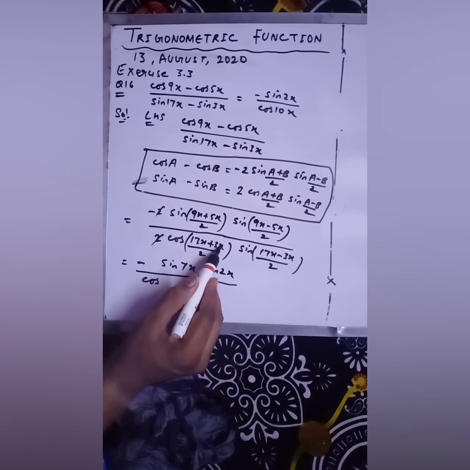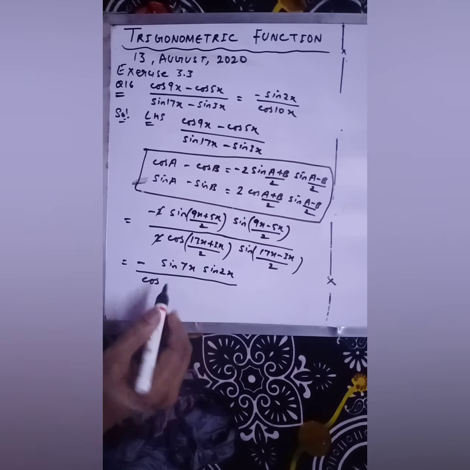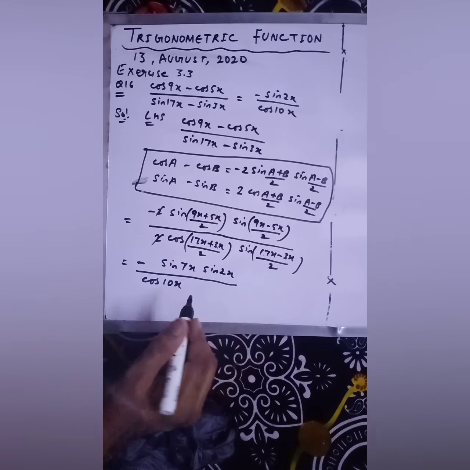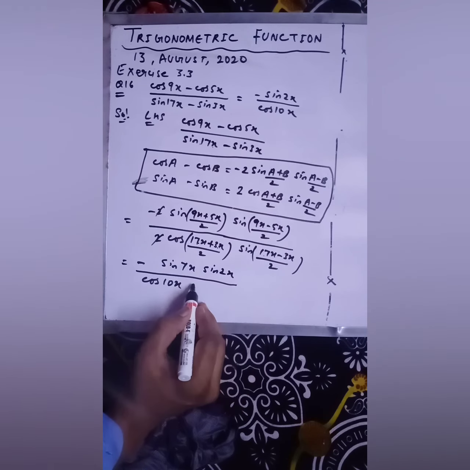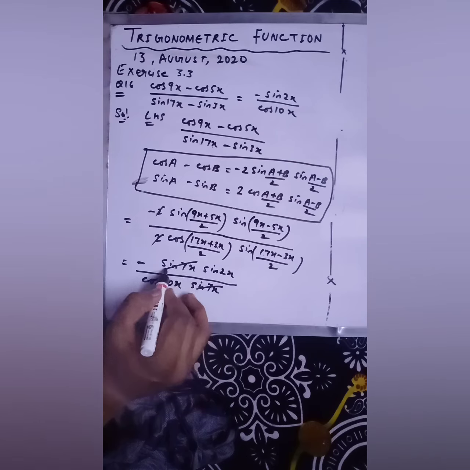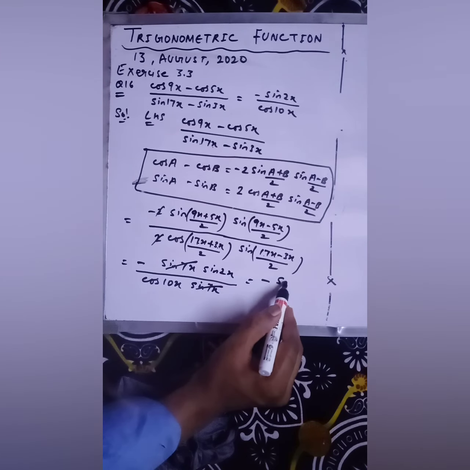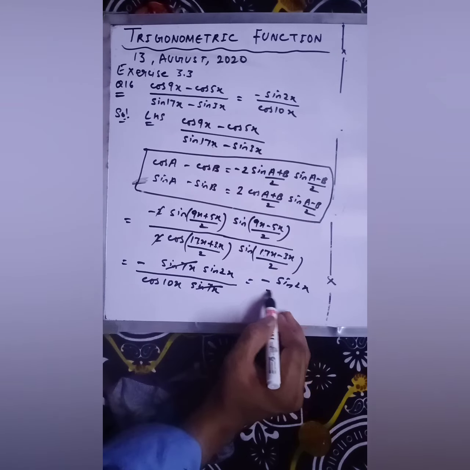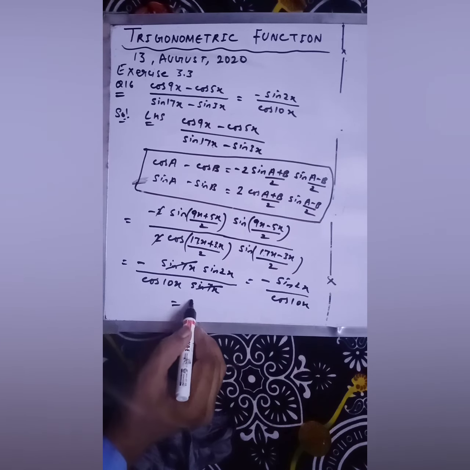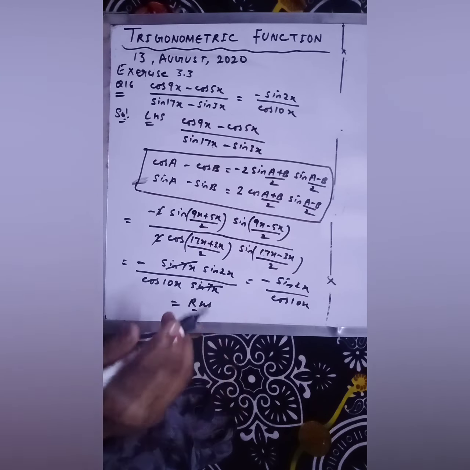Cos this plus this, 20x upon 2, that would be 10x. And 17x minus 3x, that would be 14x upon 2, that would be 7x. So sin 7x. This and this will cancel out, and at last you will get this, which is your RHS, hence proved.